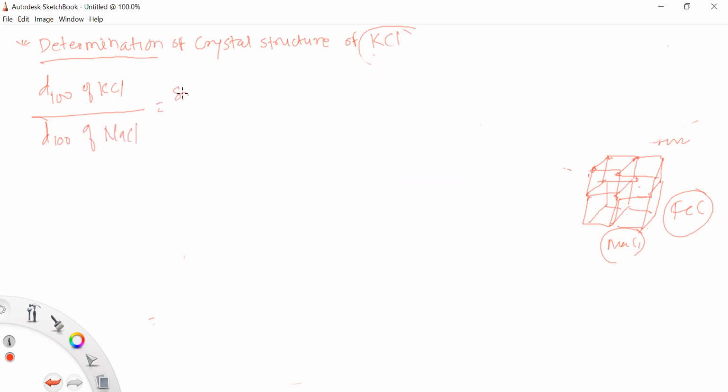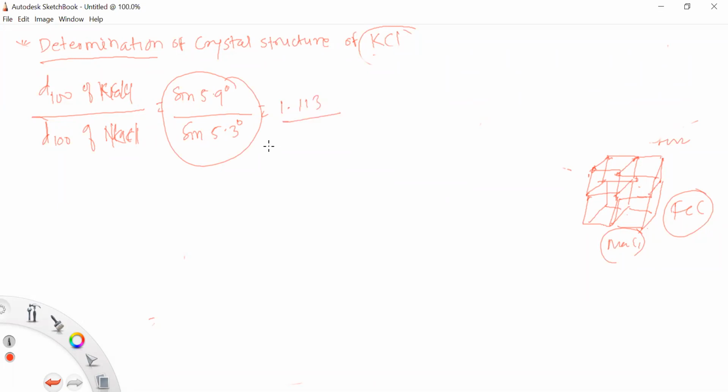हे किती आहे तर साइन 5.9 डिग्री आहे. ओके, हे आपल्याला माहिती. Sorry, this is your NaCl, okay? This is your KCl. आणि हा किती आहे तर साइन 5.3. ओके, या दोघांचा रेशो काढला तर हा किती येतोय? हा येतोय 1.113.